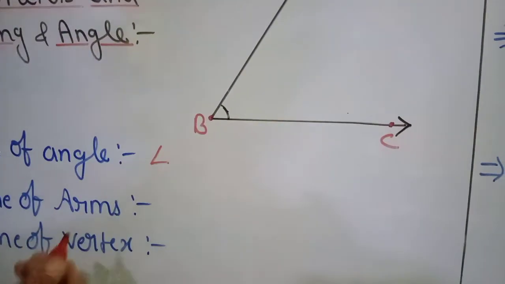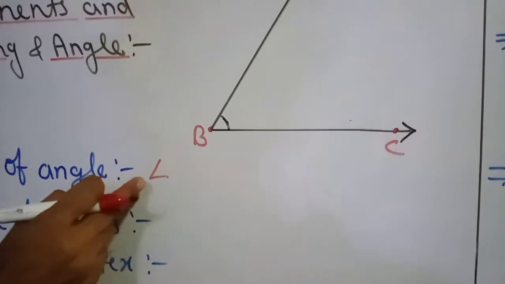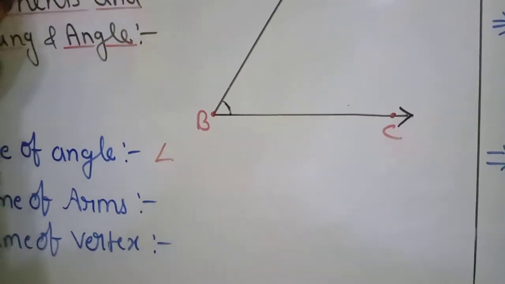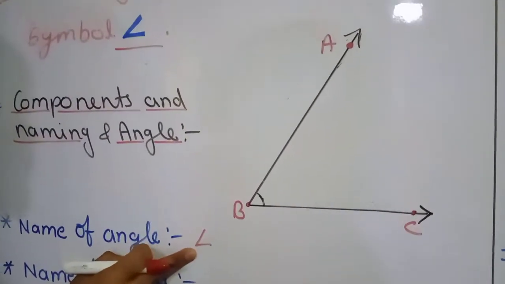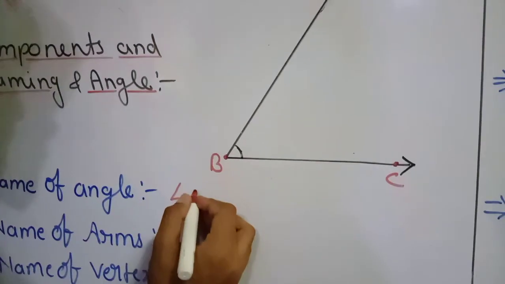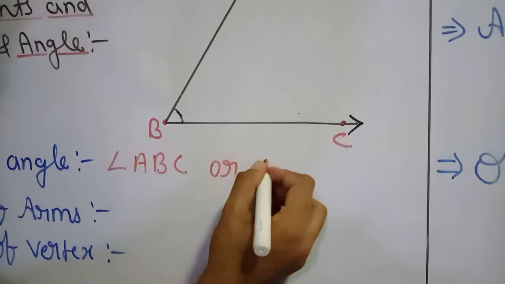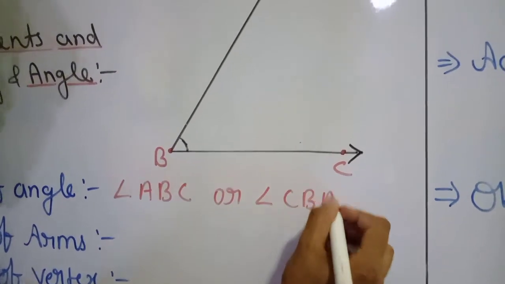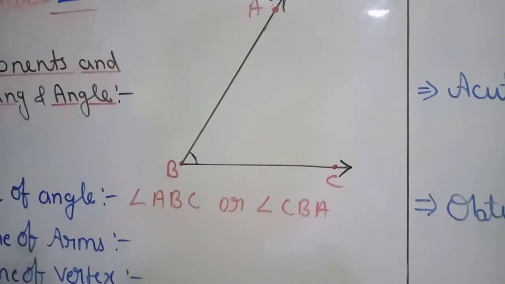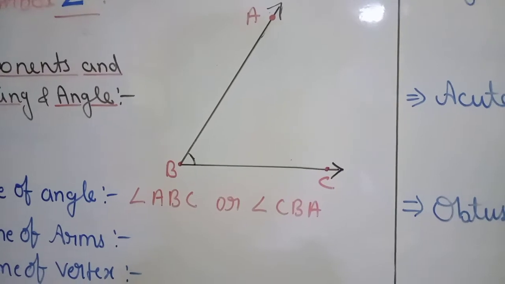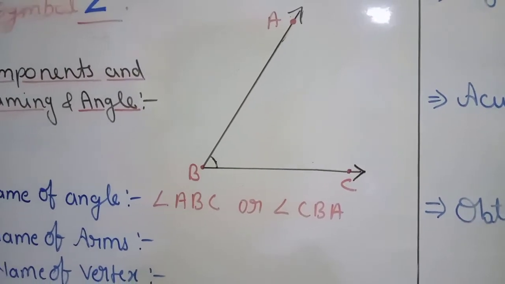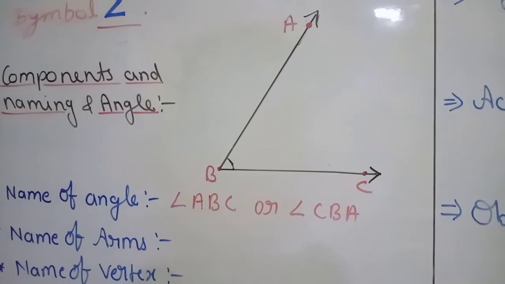Always we are not writing the word angle, so we use the symbol. As we learned, we use this symbol of angle to write the name of the angle. So angle A, B, C, or we can write angle C, B, A. Both are correct.